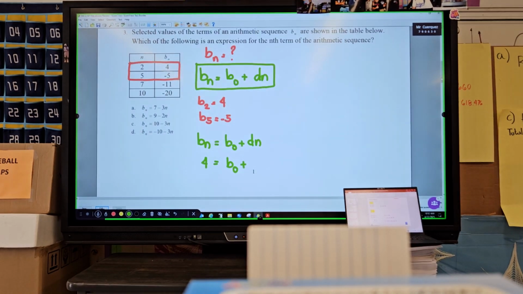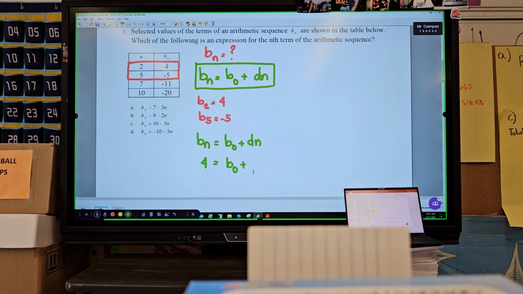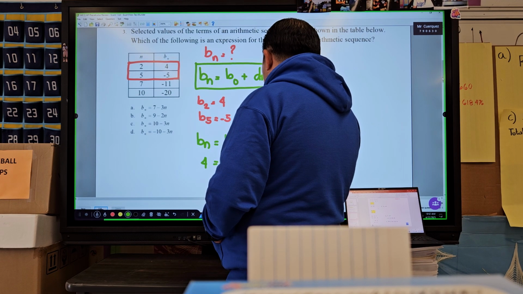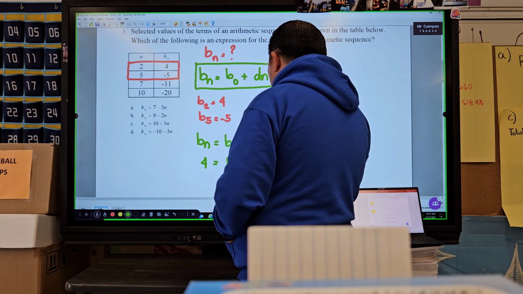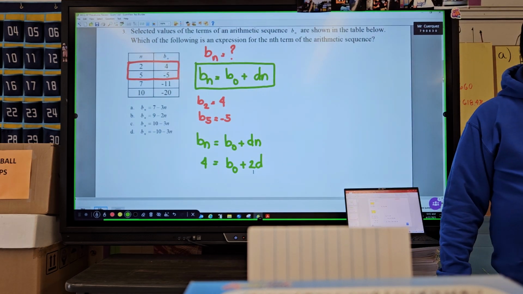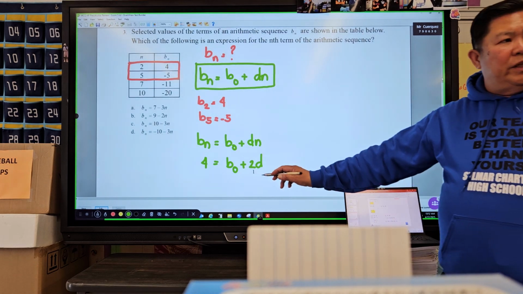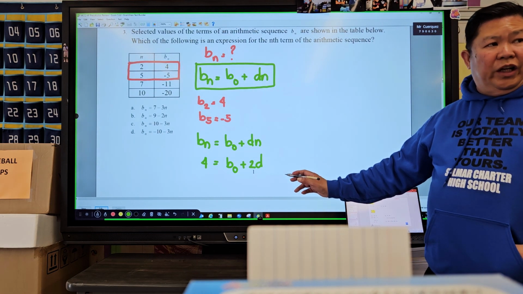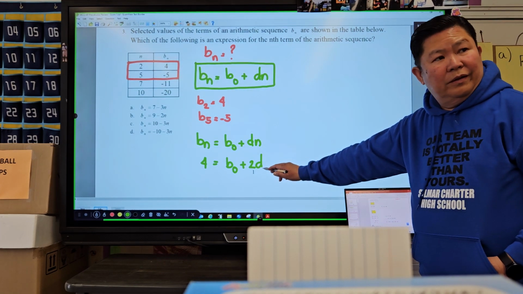The n is 2, so that means 2d. Our n is 2, so that means 2d. We write d and then times 2. Is this clear?